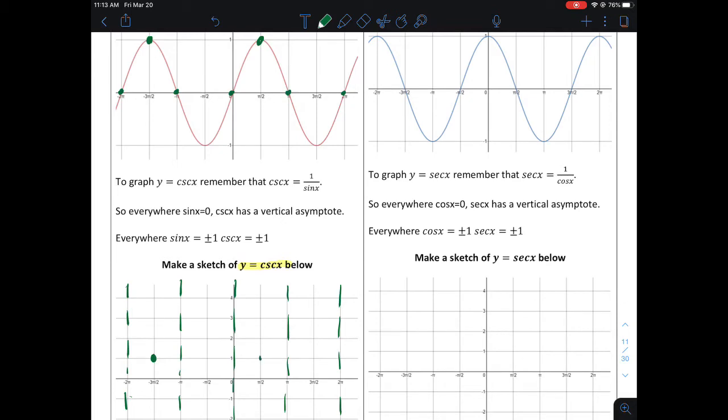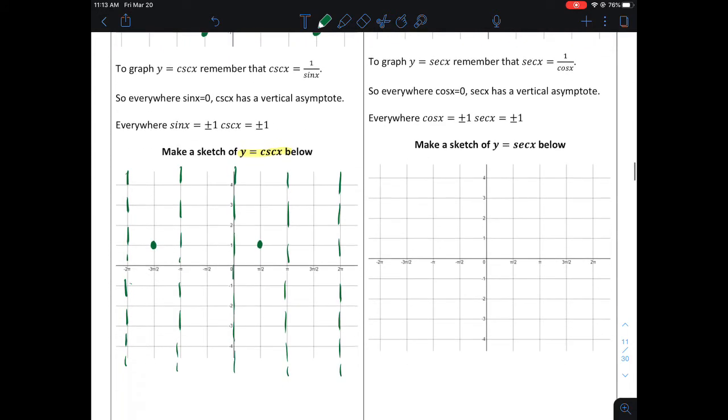And at positive pi over 2, it has a y value of 1. Cosecant's also going to equal negative 1 where sine equals negative 1, because the reciprocal of negative 1 is still negative 1. So at 3 pi over 2, cosecant equals negative 1. And at negative pi over 2, cosecant equals negative 1.